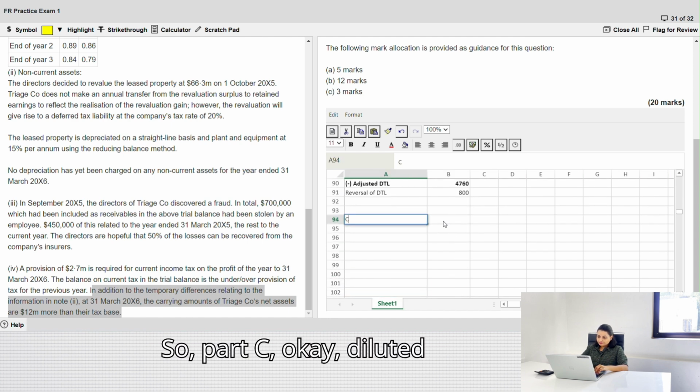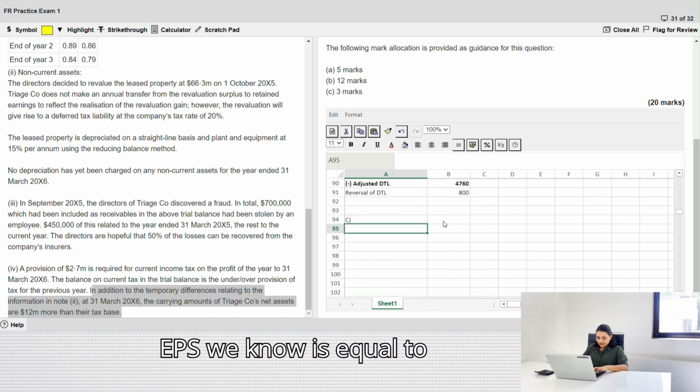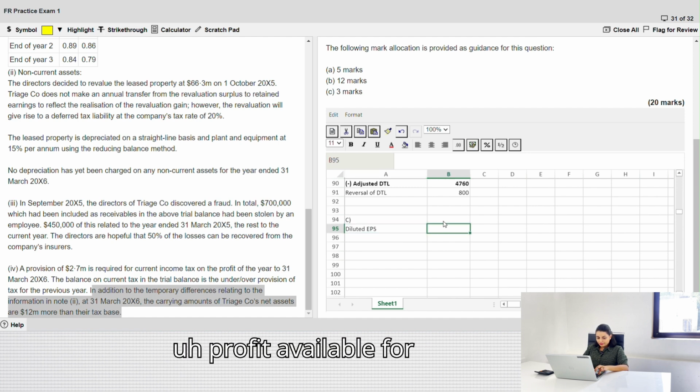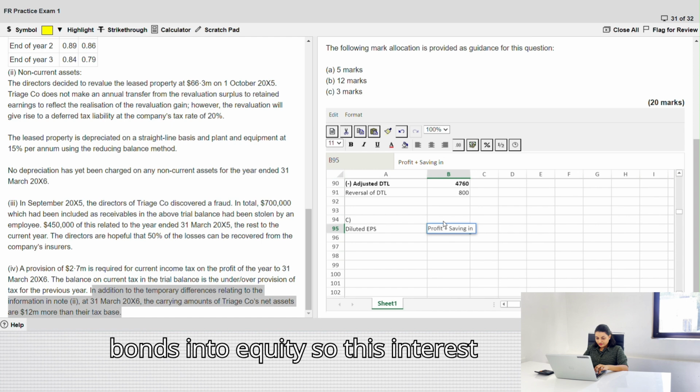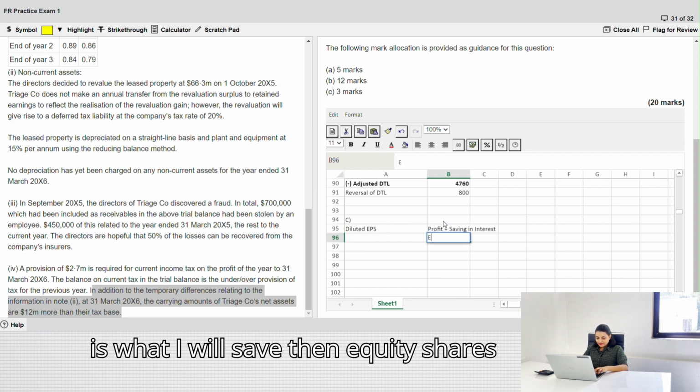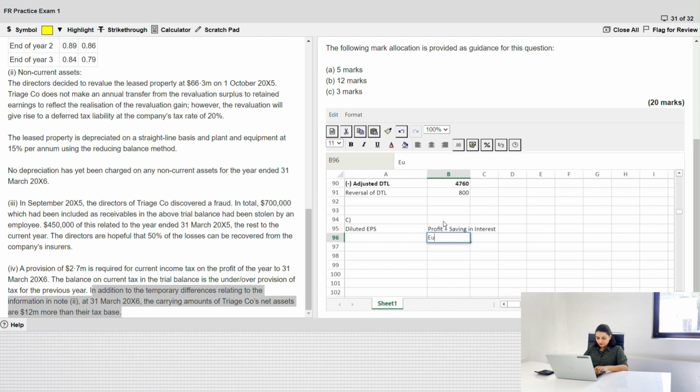So part C, diluted EPS we know is equal to profit available for equity shareholders, profit plus saving in interest, because if I am going to be converting my bonds into equity, this interest is what I will save, then equity shares plus potential shares.